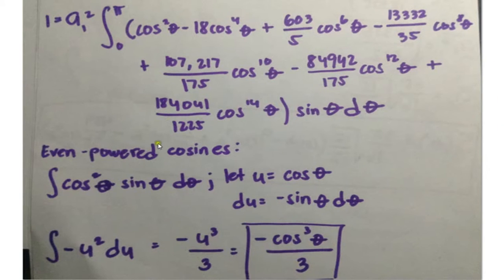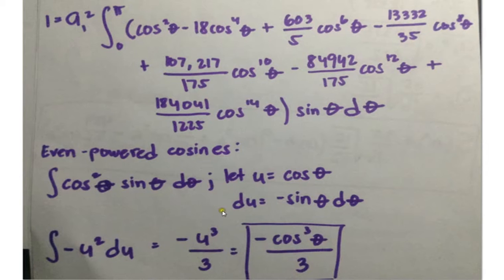So the next step we'll be doing is, of course, distributing the sine theta d theta to each of the values that you have expanded, and then splitting the integral sign to each of the values that you've got. So for example, you will have integral of cosine squared theta sine theta d theta minus 18 integral of cosine 4 theta sine theta d theta, and so on with the other equations.